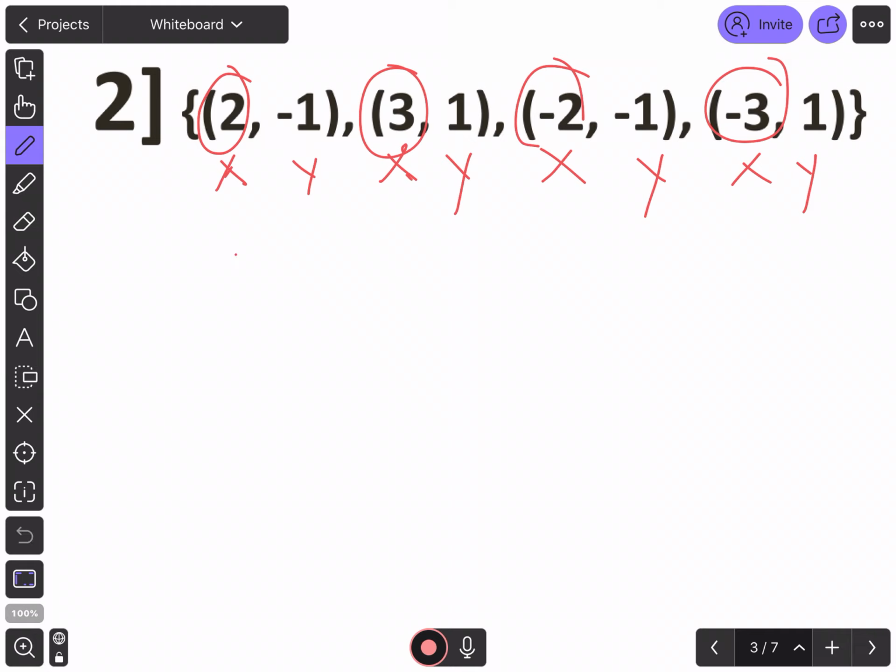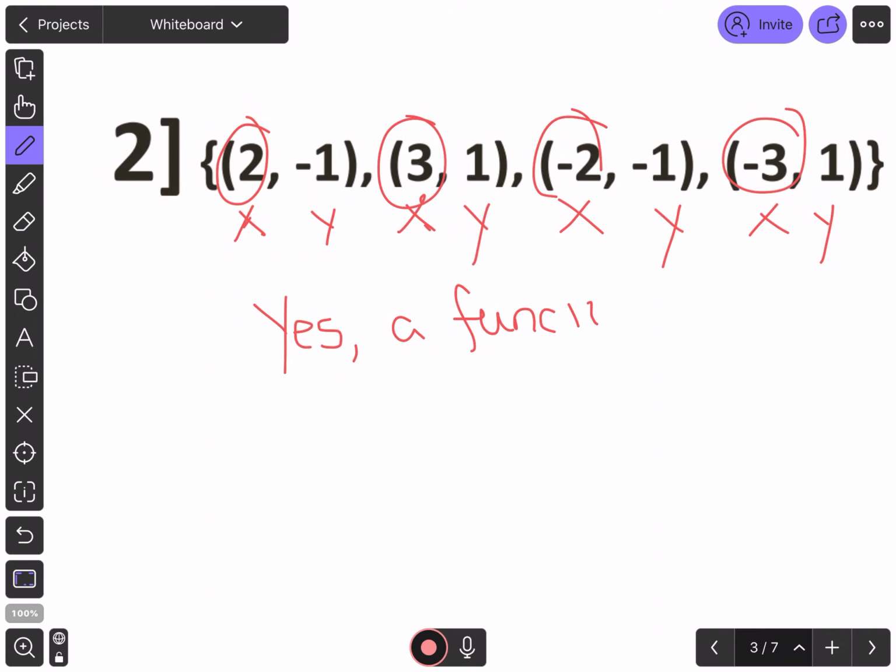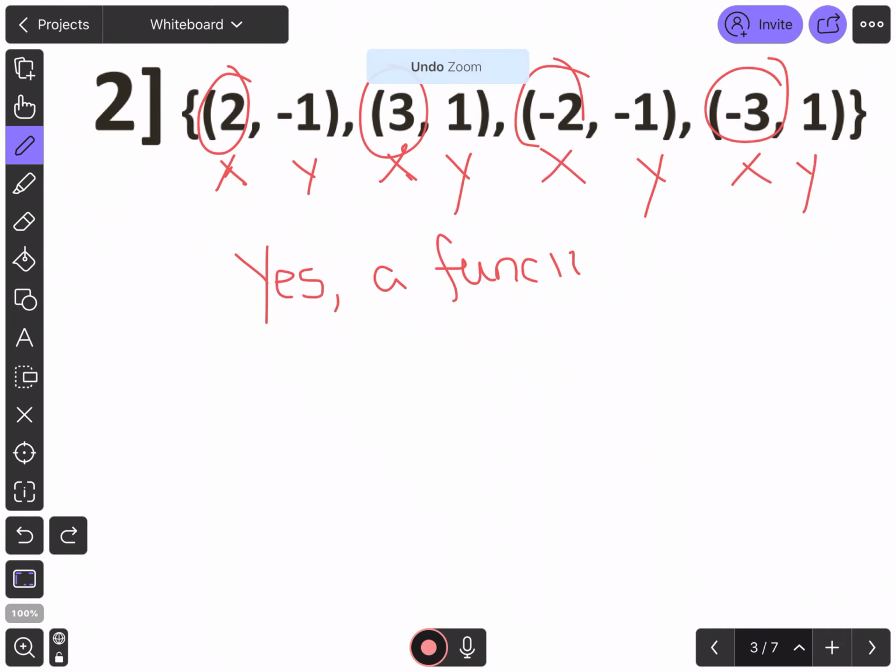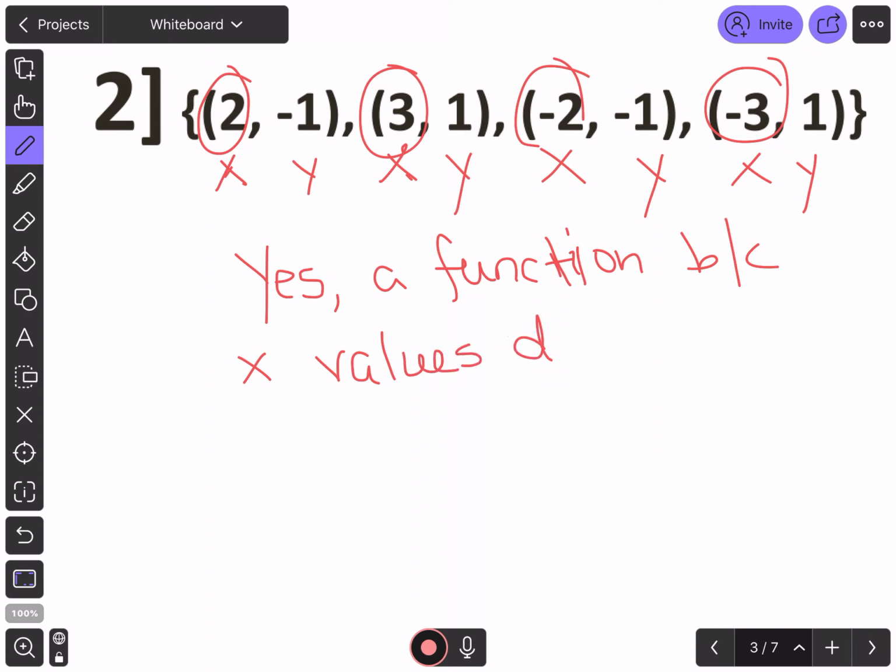So this is a function. Yes, a function because x values do not repeat.